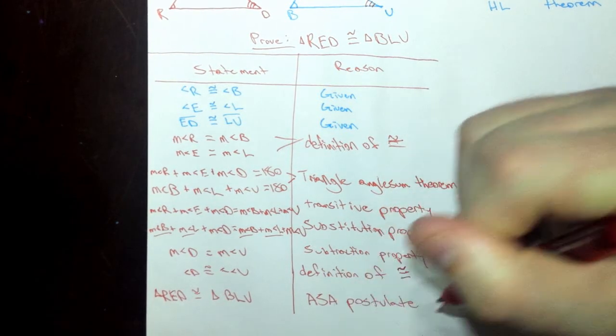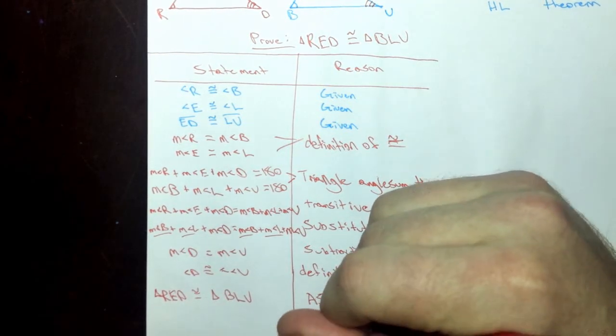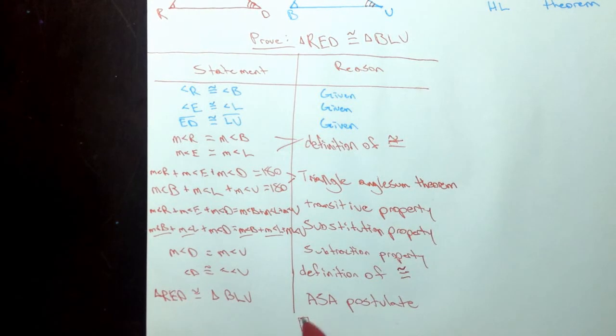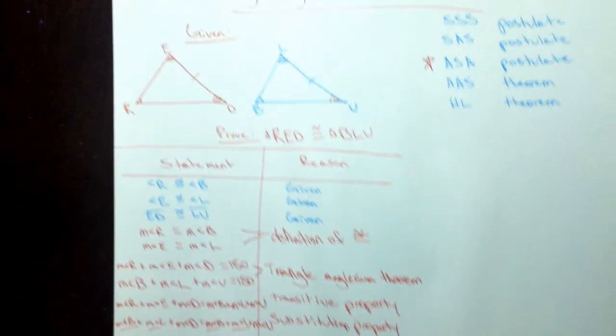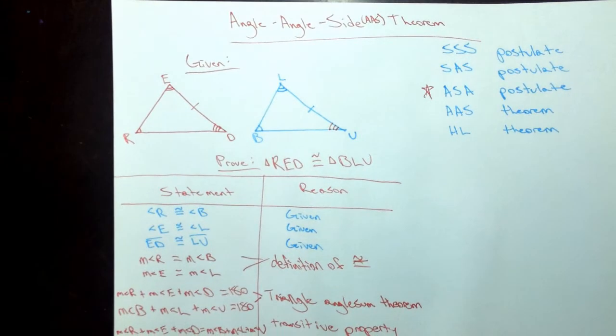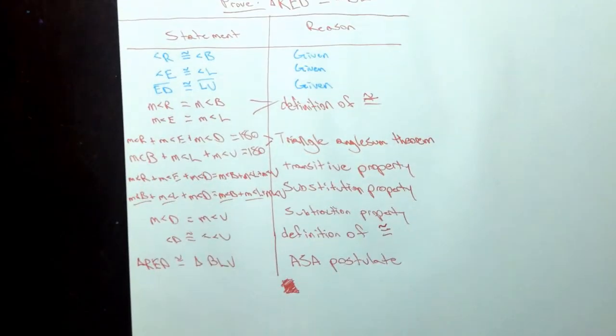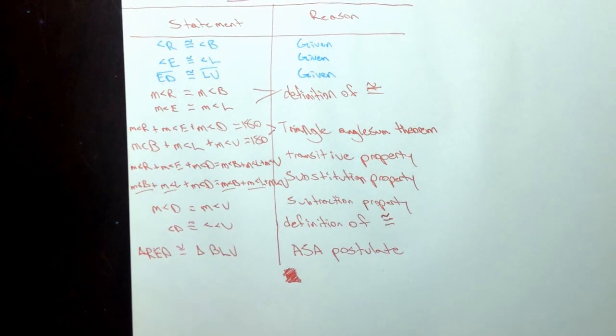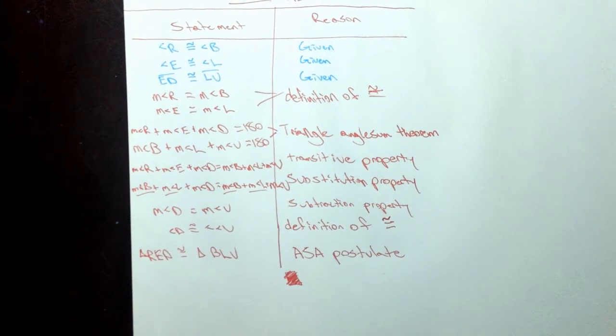And so now that we've proven this, there's no need to go back and add in the extra congruency marking and use angle side angle. Now we can use the angle angle side theorem to prove that triangles are congruent. So like I said, kind of a lengthy proof, but there it is.